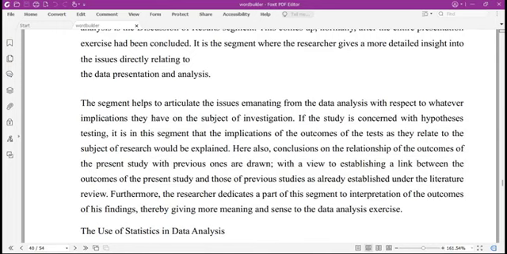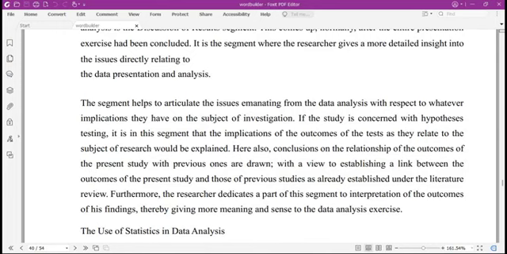It's all contained in your discussion. So conclusions on the relationship of the outcomes of the present study with previous ones are drawn, with a view to establishing a link between the outcomes of the present study and those of previous studies as already established under the literature review.